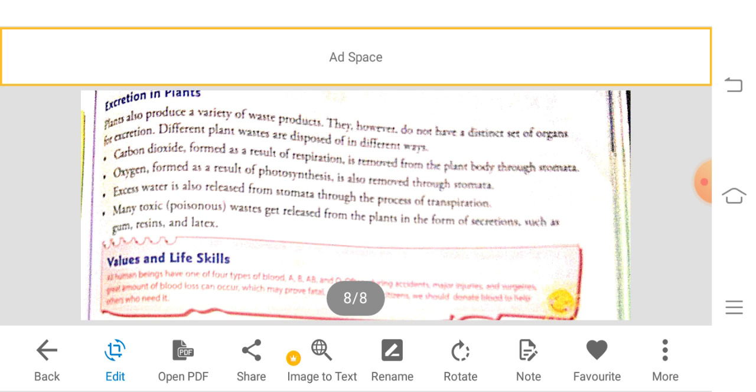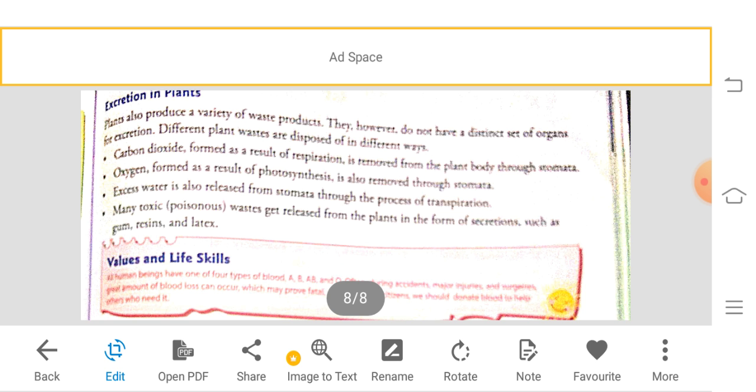Carbon dioxide is removed through the process of respiration, through the stomata. Human beings have a nose for respiration, whereas plants have stomata. Oxygen is also formed as a result of photosynthesis, and this oxygen is also removed through the stomata. So both carbon dioxide and oxygen are removed from the plant through stomata.